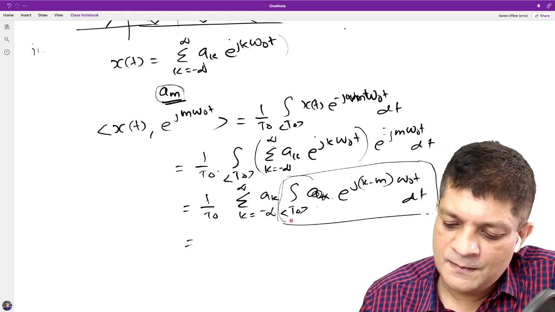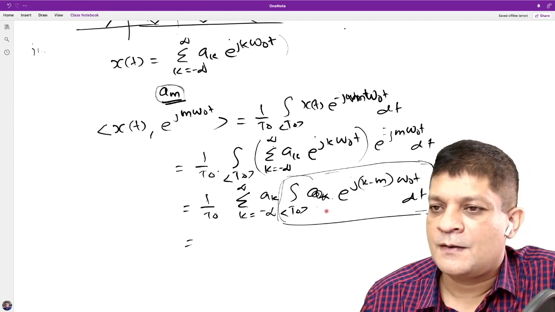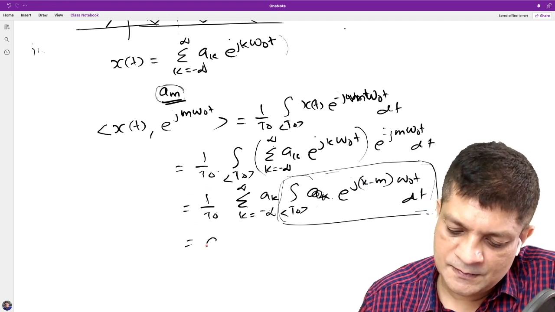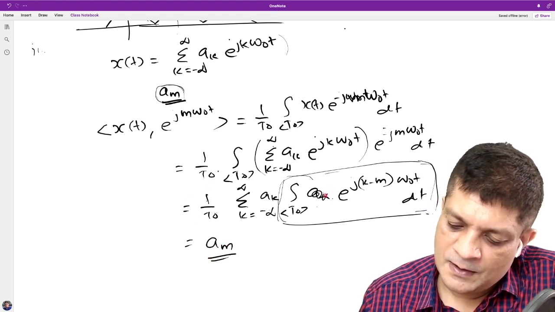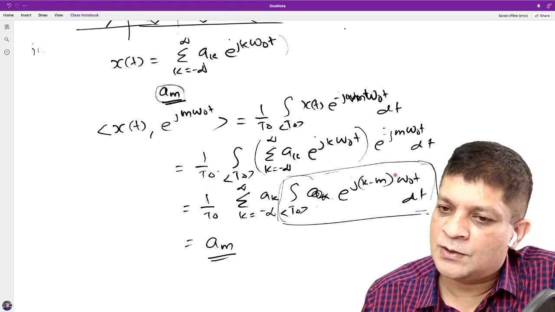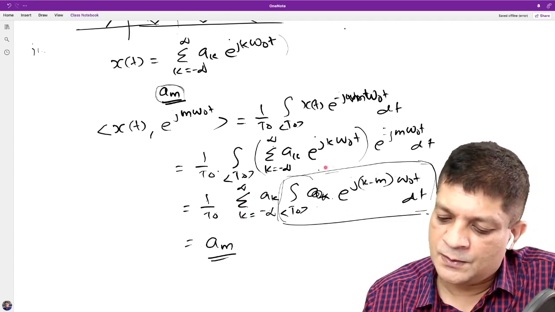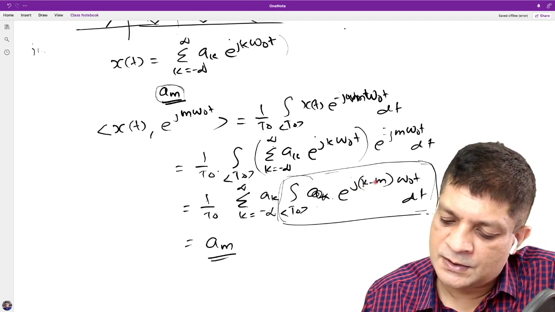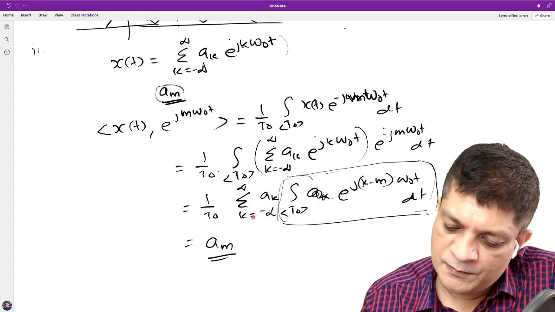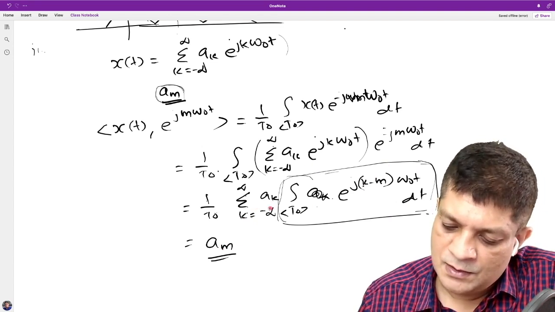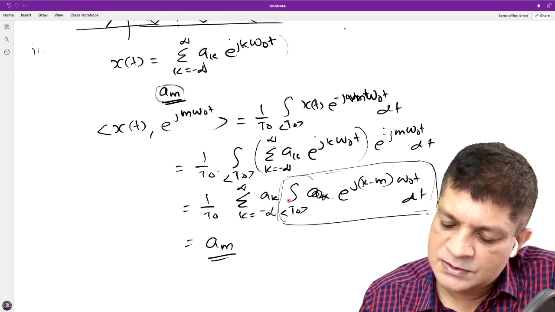In the summation over k, only for one value of k is this non-zero.